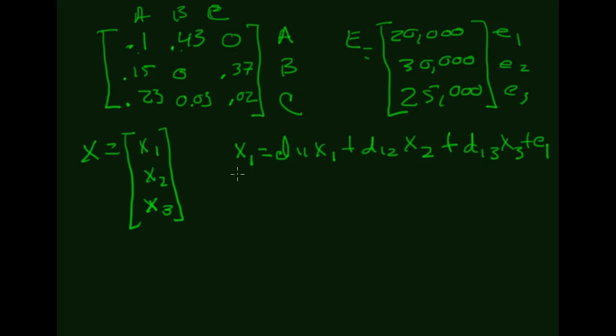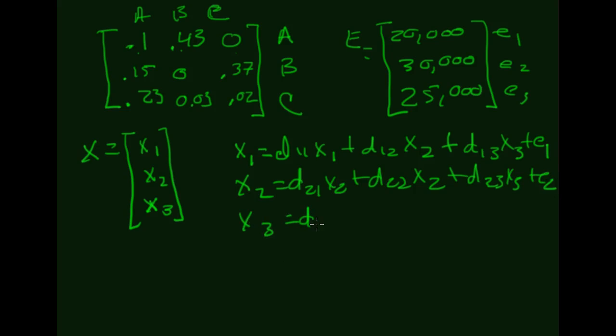Okay, so I'm going to get two other equations. I'm going to get one for x2, which is D21 x1 plus D22 x2 plus D23 x3 plus E2. And x3 should be D31 x1. Sorry, this should be an x1 here.